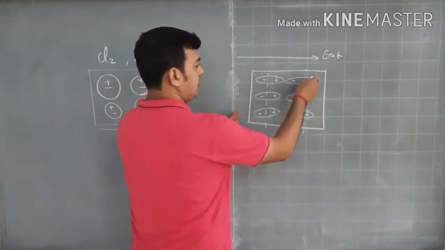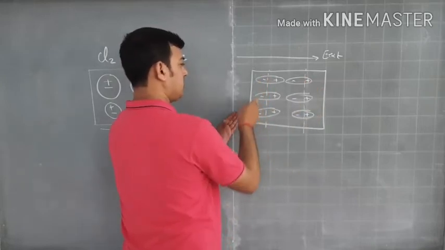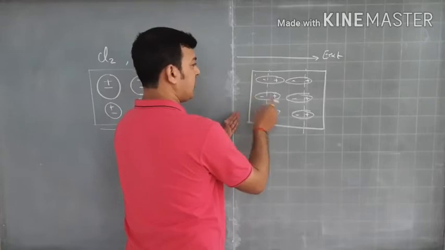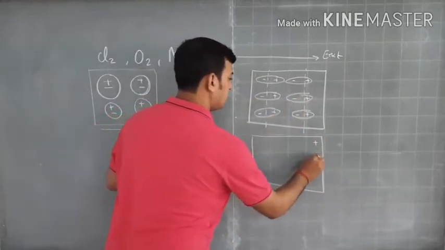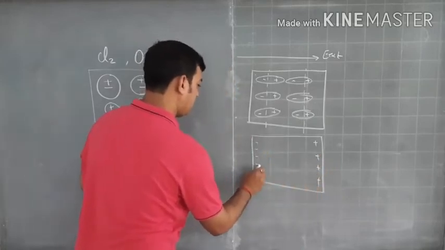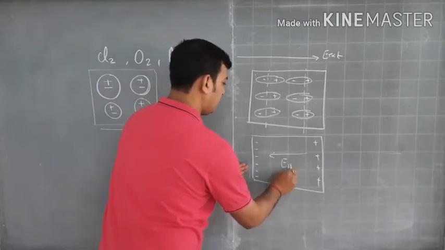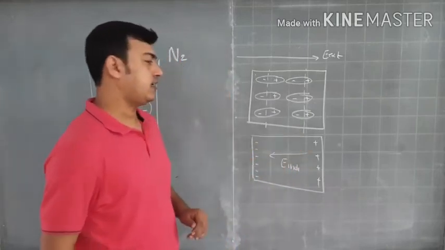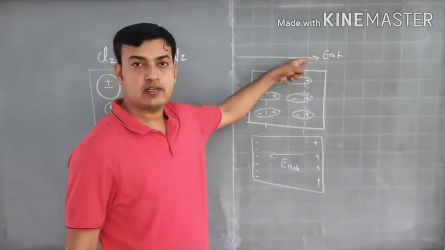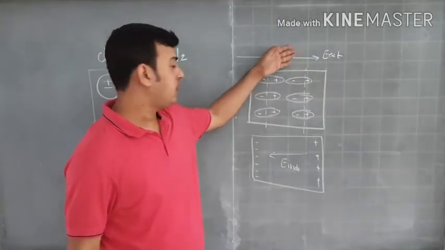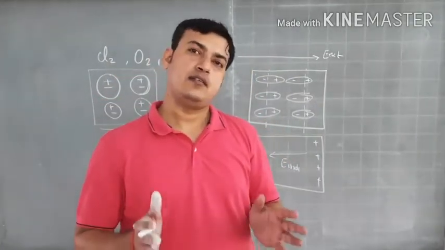As you can see, these positive charges are appearing on this face and these negative charges are appearing on this face, and if you simplify it, you can generally write that a positive charge will appear here and a negative charge will appear here, and that will produce an induced field inside the dielectric, and this direction is opposite to the direction of the applied external field, so it decreases the net field inside the dielectric.